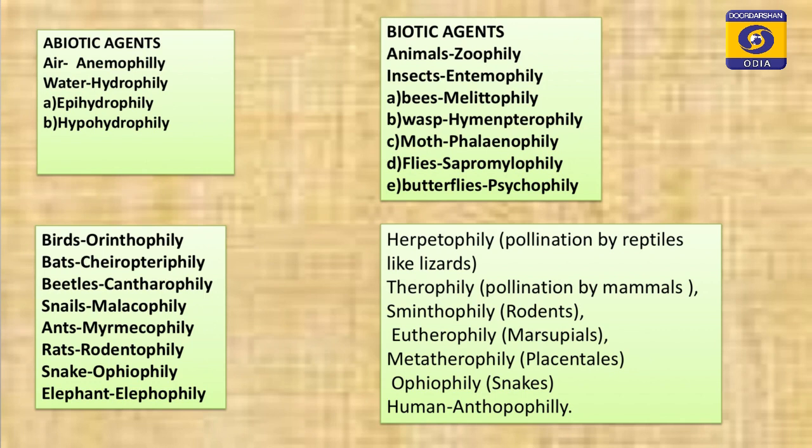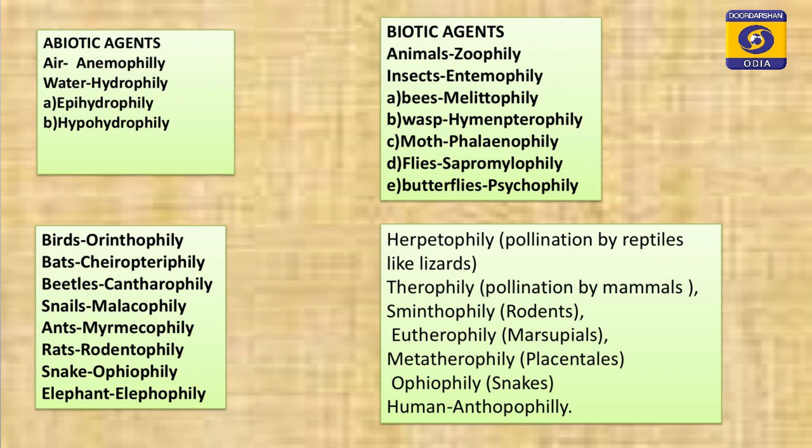The abiotic agents of pollination are air, and the pollination is called anemophily; and water, the pollination is called hydrophily. Again, two types of hydrophilous plants are there: one is epihydrogamy or epihydrophily, and the second is hypohydrogamy or hypohydrophily.